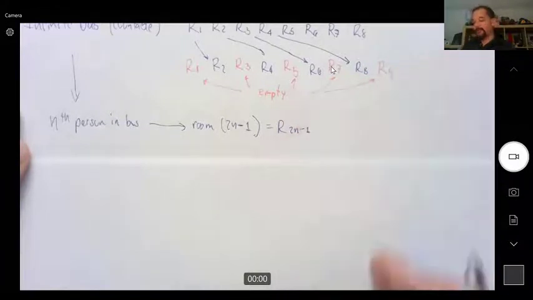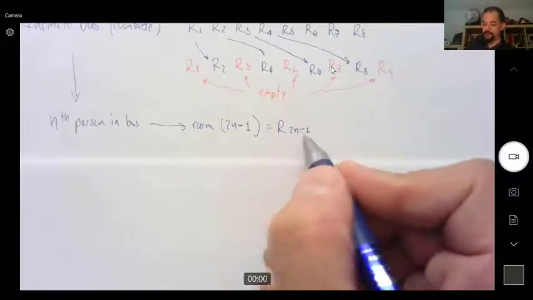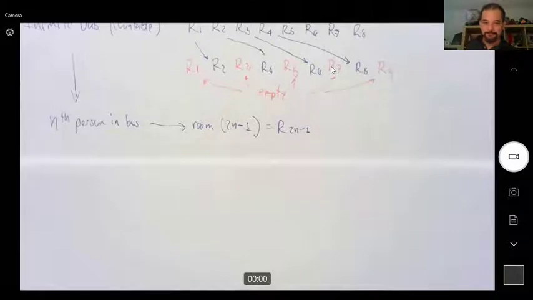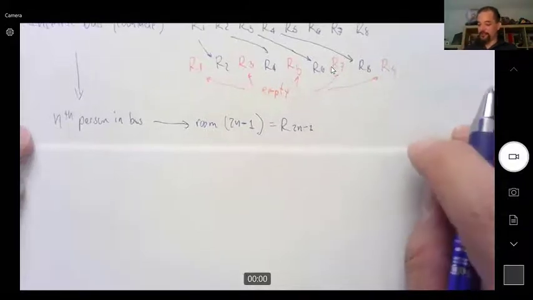Well, it's still correct. I still found a way to give everyone a room if I use 2n plus 1, but then room number 1 would be empty. So you are right. It's probably better to use 2n minus 1. Yeah, because you don't want to lose the income for that one room out of the infinite number of rooms. There you go. Very good. You know, infinite number of money.